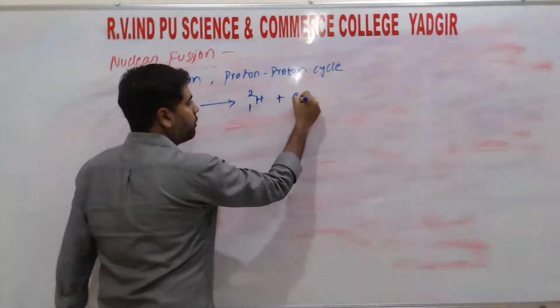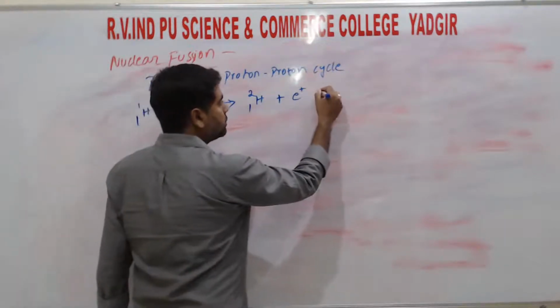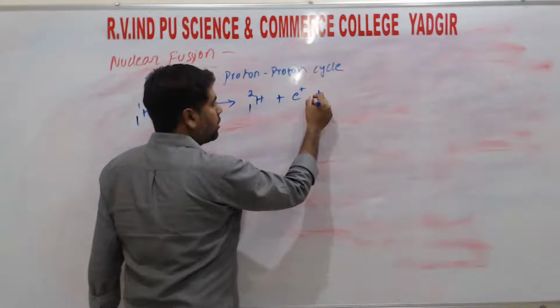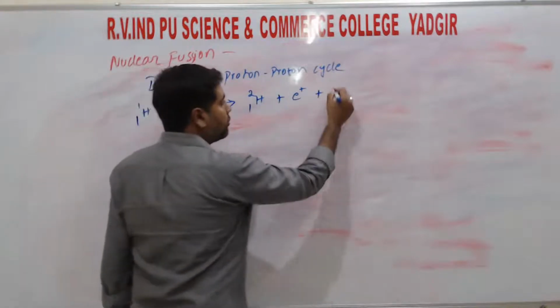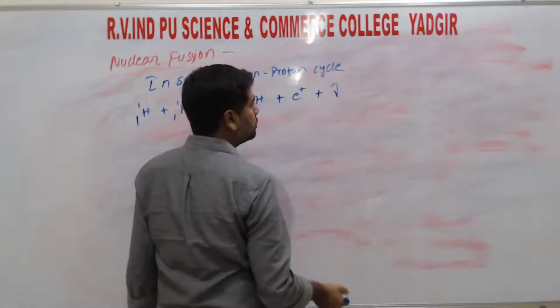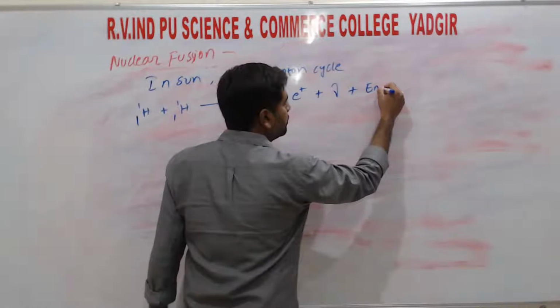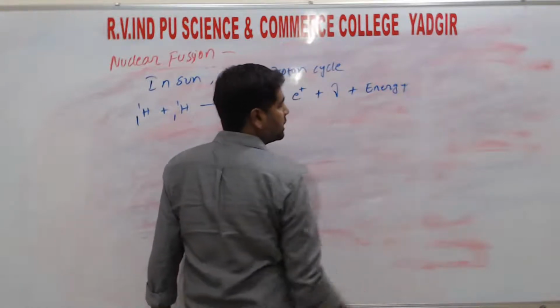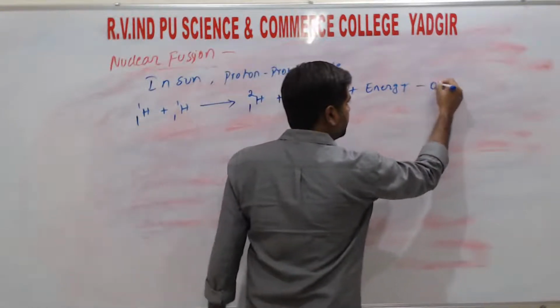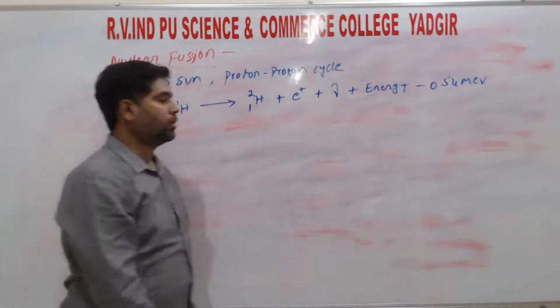Along with this, one positron, a positive charge having the mass of an electron, along with a neutrino, nu, plus energy is released, and that energy is 0.54 mega electron volt, right?